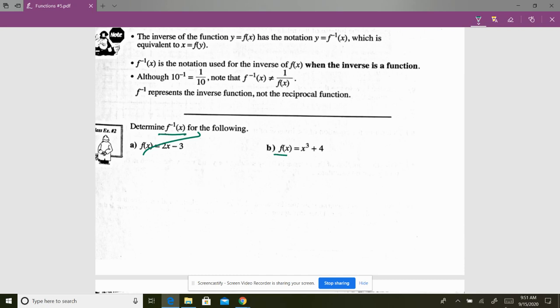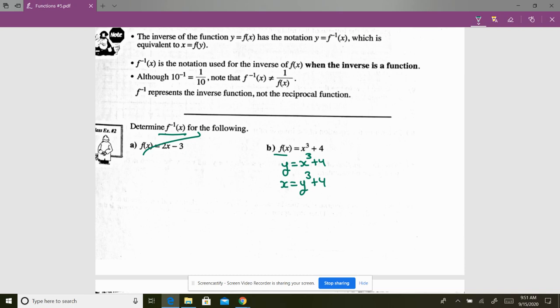So the first thing is rewrite this as y is equal to x cubed plus 4, because you need to switch the x and y values. Now switch the x, y's. And then solve for y.